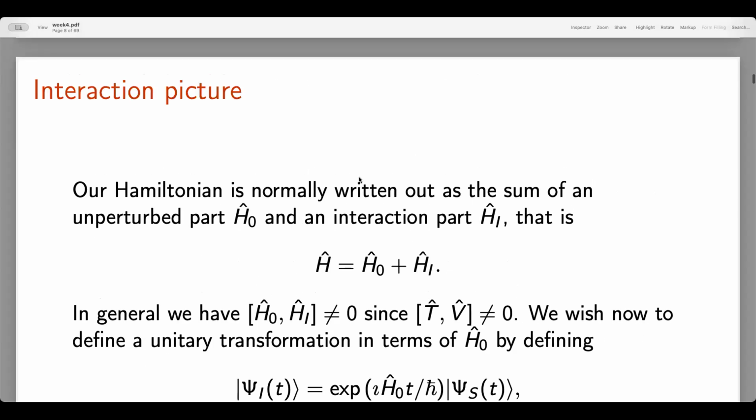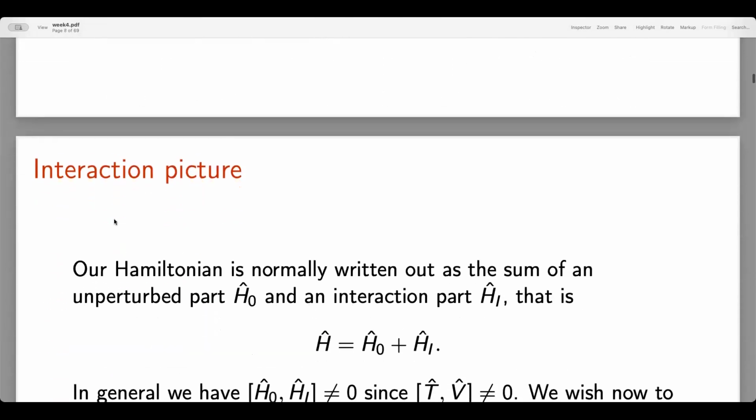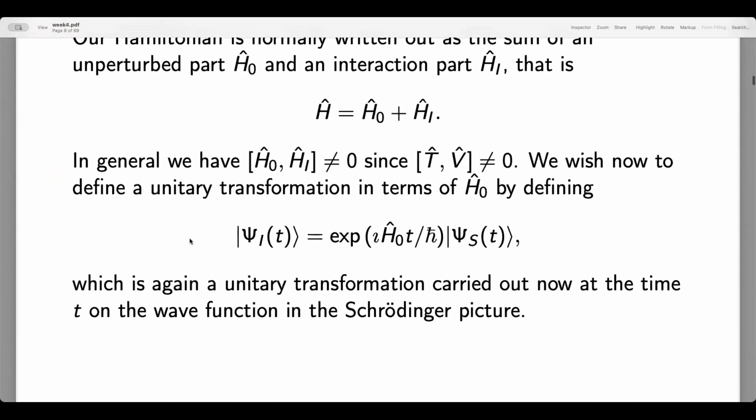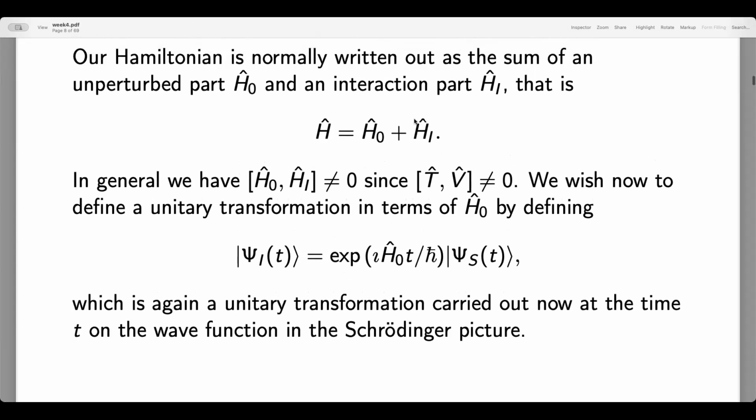So suppose somebody gives us this solution here, and then we can perform a new unitary transformation, and then bring it into what we would call the interaction picture. And you will see why we call this the interaction picture, because this is a picture which is going to depend only on this H of I, which can be time dependent.